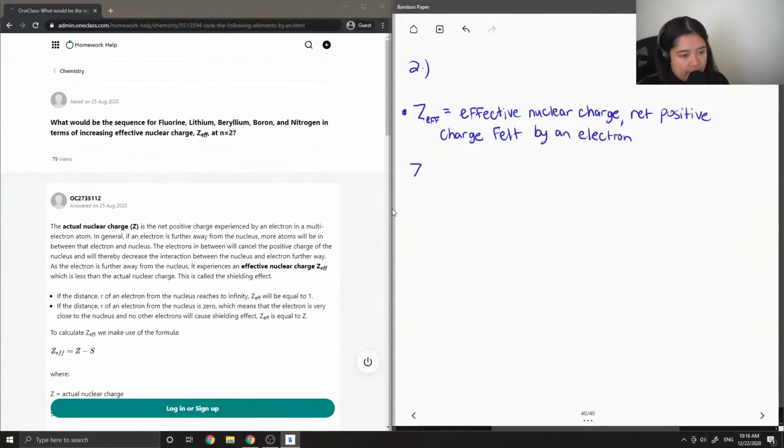If we were to have just Z, this is the actual nuclear charge. And I'll also define S, which is the number of shielding electrons.